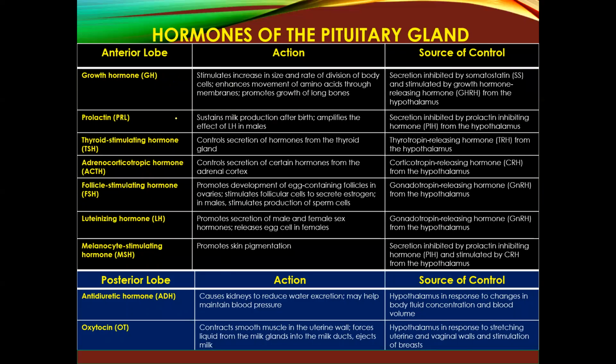Now we're going to review the pituitary gland one by one again. The anterior lobe produces 7 hormones: growth hormone, prolactin, TSH, ACTH, FSH, LH, and MSH. The posterior part only releases 2 hormones, ADH and OT.